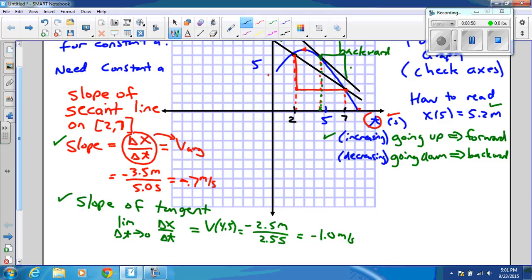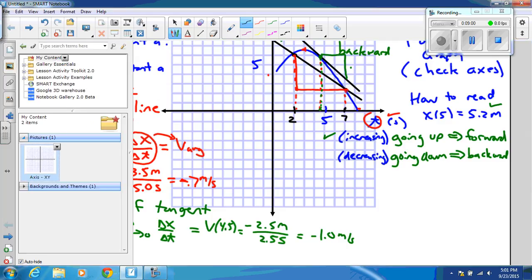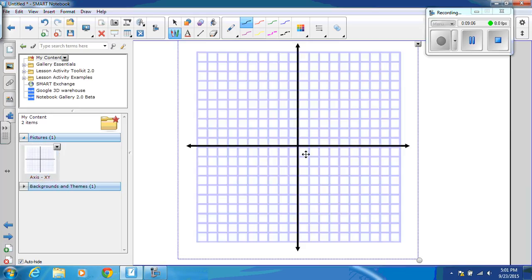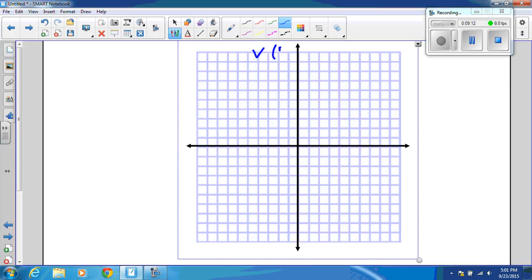Now, let's take a look at the second type of graph that we can encounter. And that would be a velocity graph. The reason that I know I'm dealing with a velocity graph here is, again, because I look at the axes ahead of time to determine what kind of graph I'm dealing with.